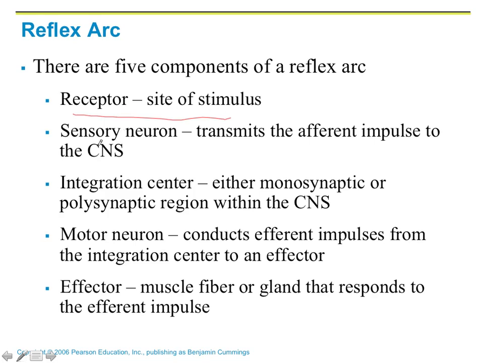Then the sensory neurons, which transfer the stimulus from the receptor to the central nervous system. The integration centers are the neurons in the central nervous system that analyze the stimulus and send the commands.